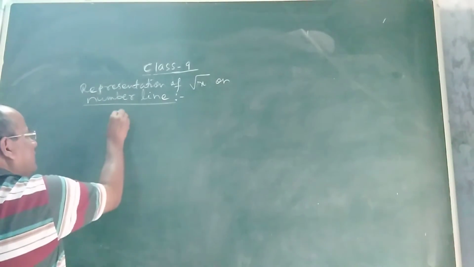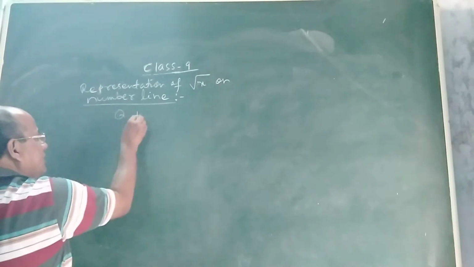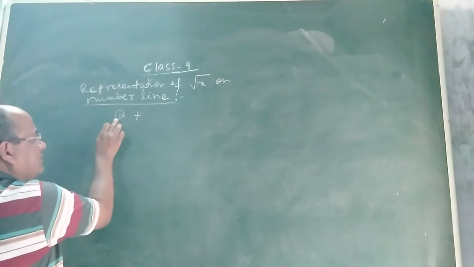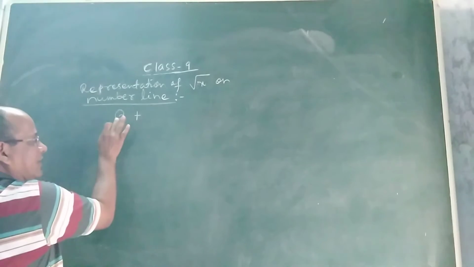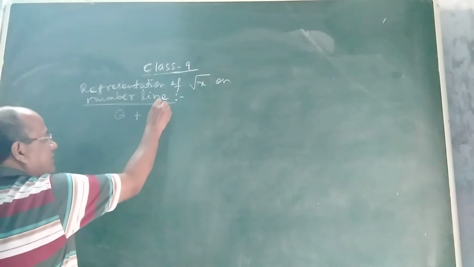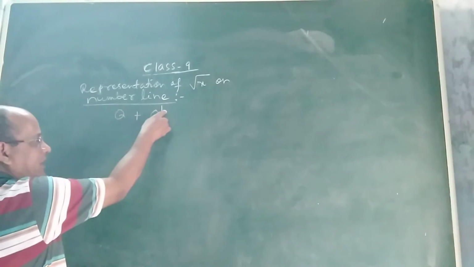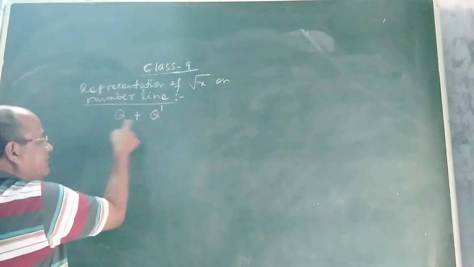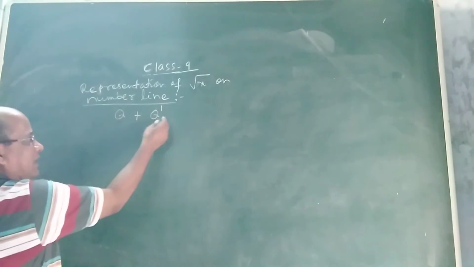You know, this is your rational number. Suppose the set of all rational numbers is denoted by the symbol Q. Now this is the system of irrational numbers, suppose Q dash. Q plus Q dash means the set of rational numbers and irrational numbers.